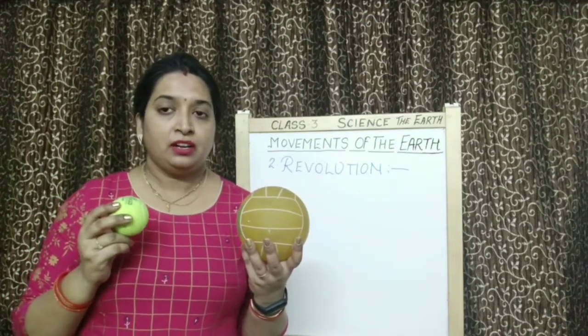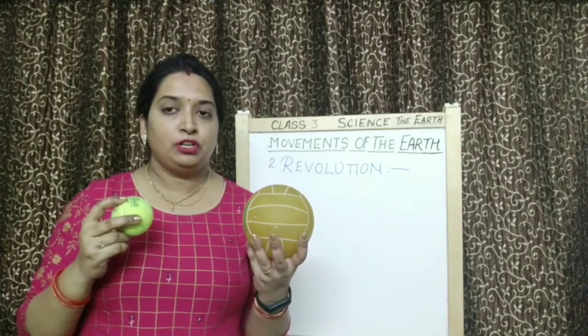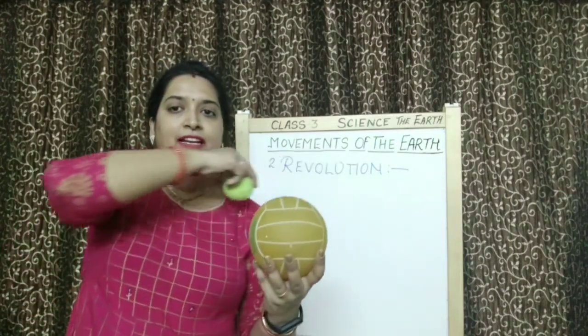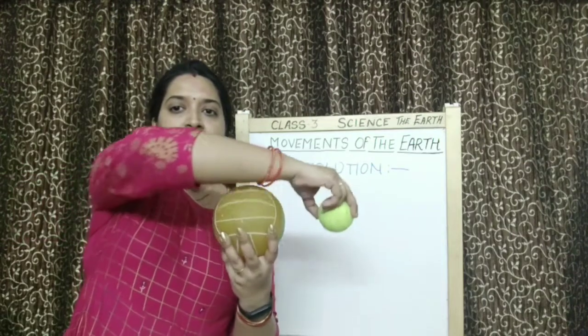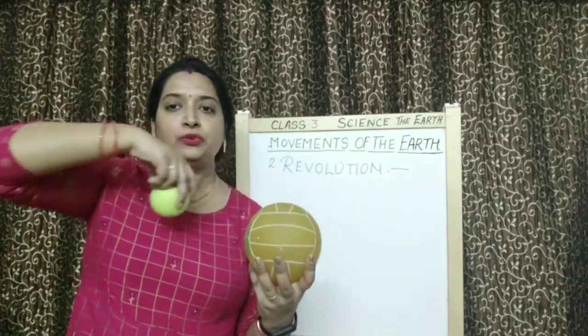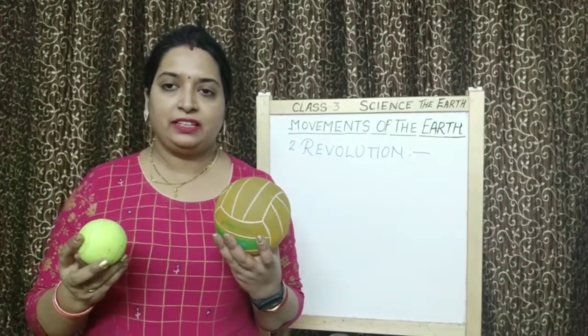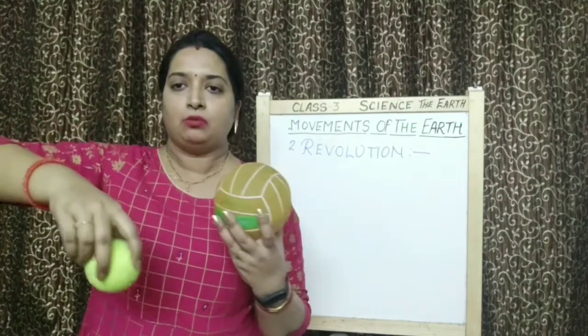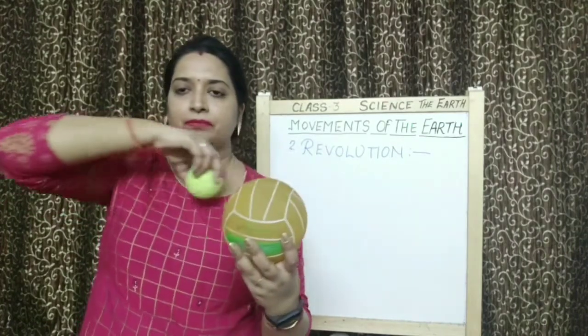So children, what is revolution? Revolution is like if earth is moving around the sun like this. This is showing revolution.